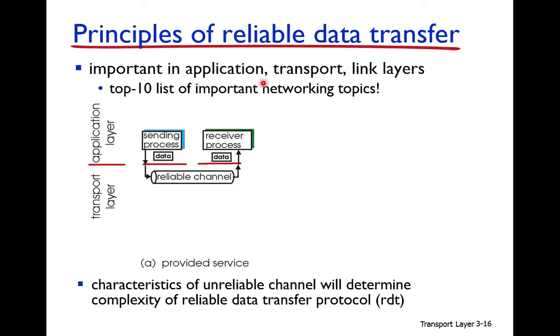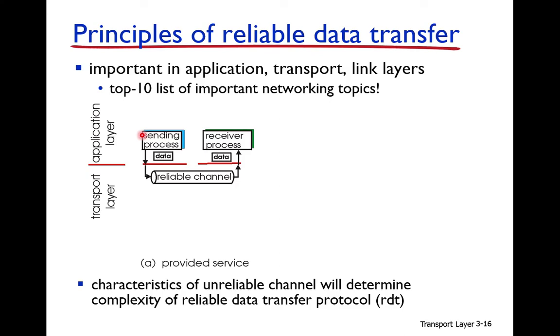What we discuss for transport layer reliability, the same principles can be applied at the application layer and at the link layer. Therefore, when we discuss link layer reliability, we will not discuss it again, but will just refer you to the transport layer reliability, because the principles of reliable data transfer are the same.